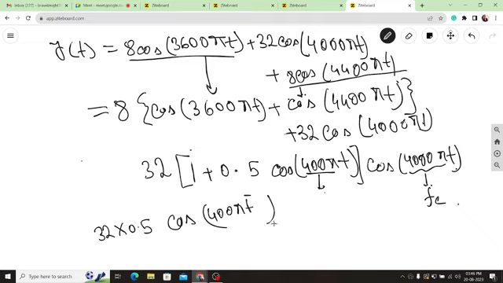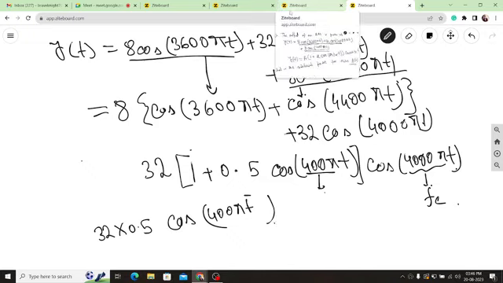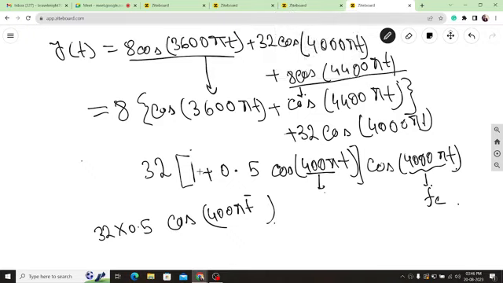This is the message signal, right? So the question says, what is the sideband power actually? So what is the power of the message signal? Power of the message signal is 32 into 0.5 squared by 2, that is 128.